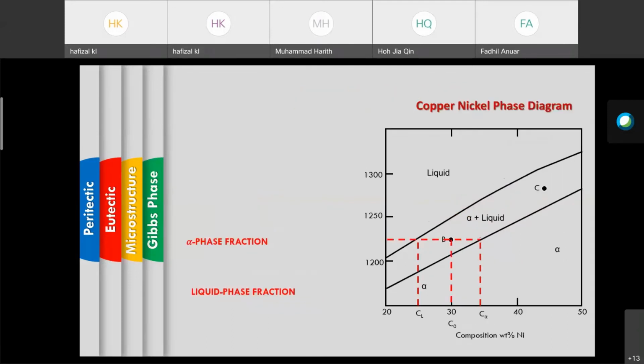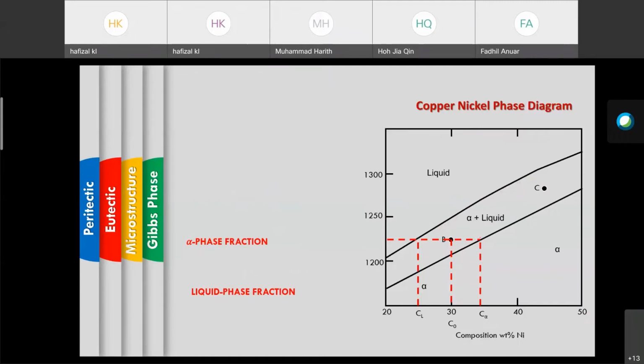So previously, at the end of my lecture, I already gave you the points to determine the value of point B and also point C. So here is the discussion of how to get the value at point B, where we know that at point B there is the existence of alpha and liquid.